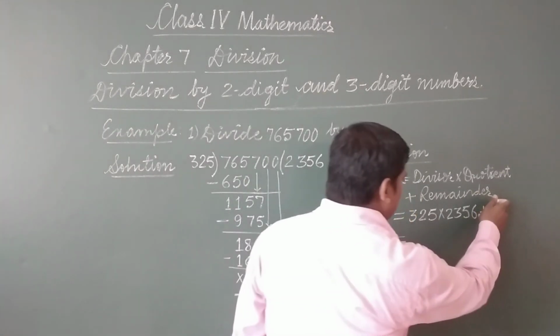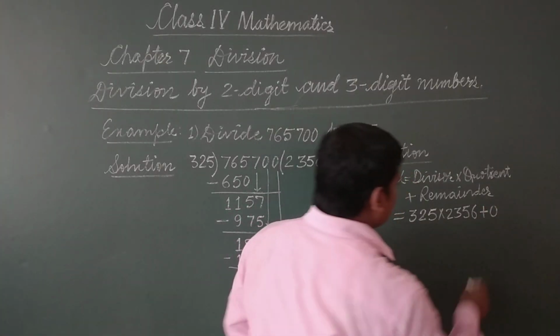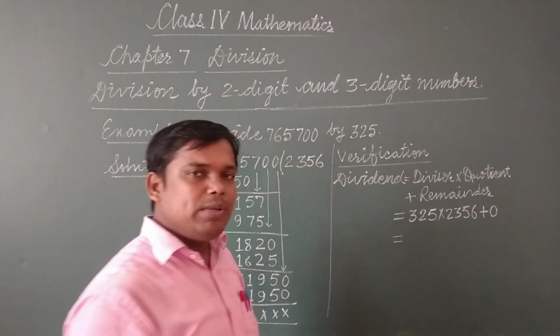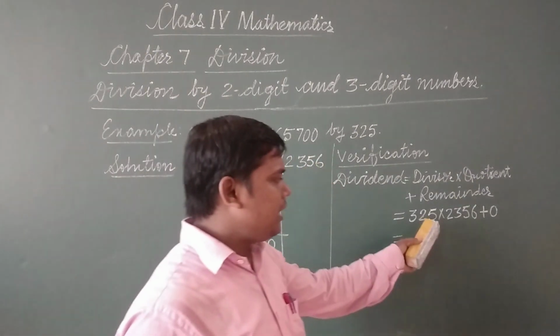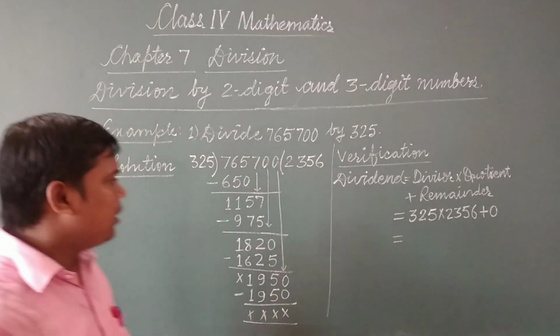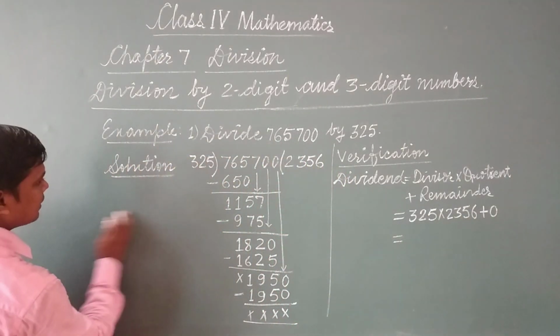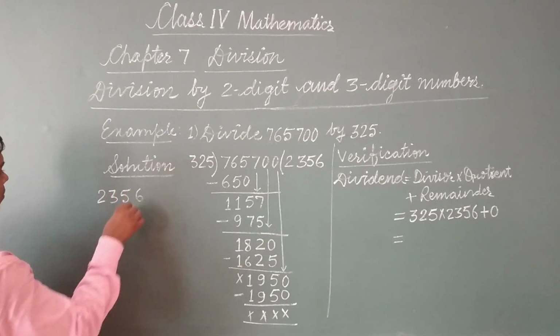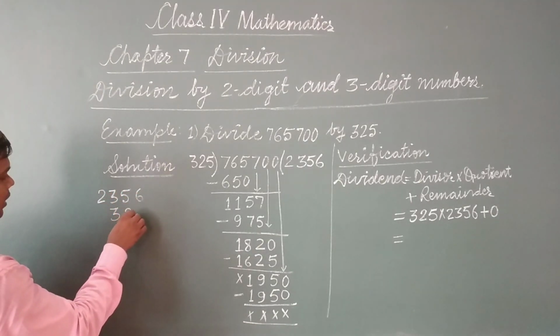When you add 0 to any number, the sum will be the number itself. So in the next step we multiply these two numbers: 2356 multiplied by 325.